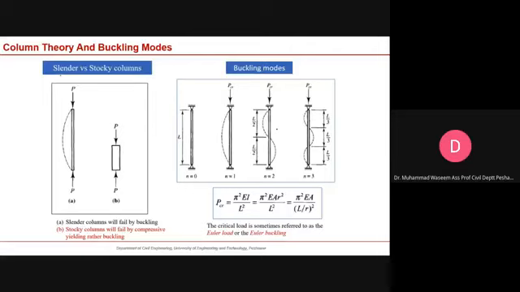There are two types of columns in steel structures: we call them slender columns and we call them stocky columns. Slender columns are those columns whose cross-sectional area is very small, and they fail in stability, which means they fail by buckling.